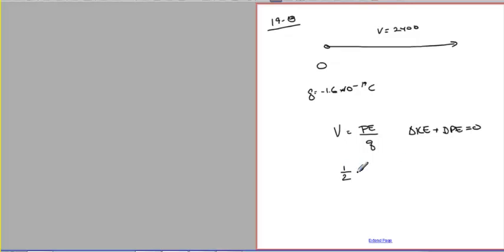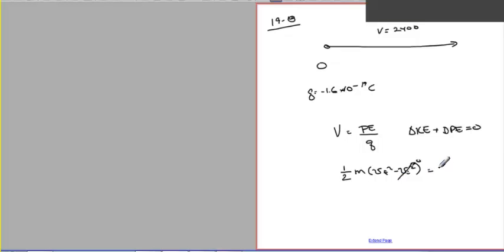The change in kinetic energy is 1/2 m v final squared minus v initial squared, but v initial is 0. And that's going to be equal to the change in potential energy, which turns out to be the voltage times the charge.